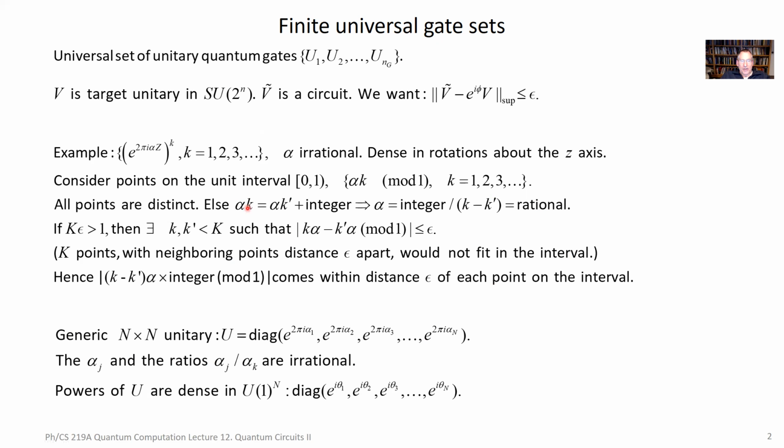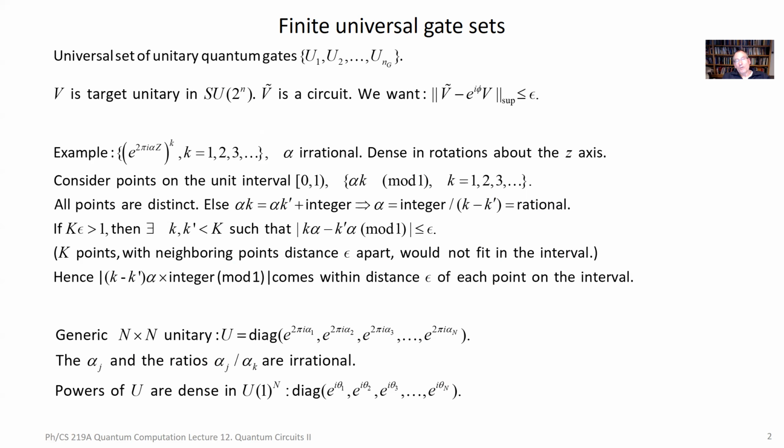Suppose that there are two values k and k prime such that alpha times k and alpha times k prime modulo 1 are the same, or in other words, alpha k is equal to alpha k prime plus some integer. Well, if that were true, then if k is not equal to k prime, that means alpha is that integer divided by k minus k prime, which is a rational number. But that contradicts my assumption that alpha is actually irrational. So because alpha is irrational, we never hit the same number twice as k goes over all the positive integers.